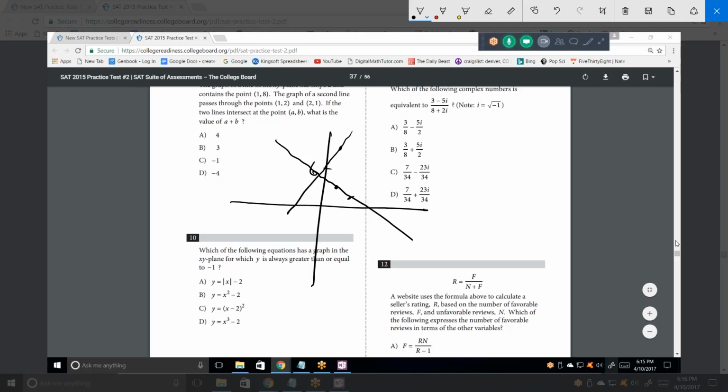And this point right there is A, B. So, can you tell me the equation of the first line? The one with positive slope. One with positive slope is y equals 2x plus 6. The one with negative slope. Y equals 1/2 x.